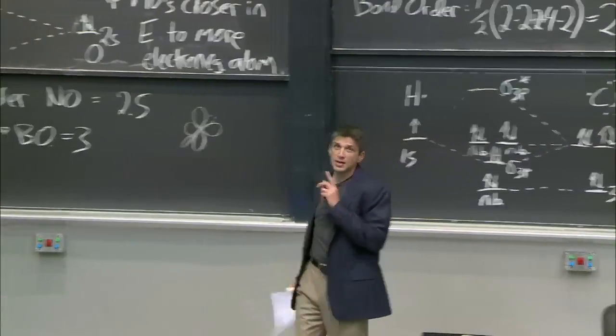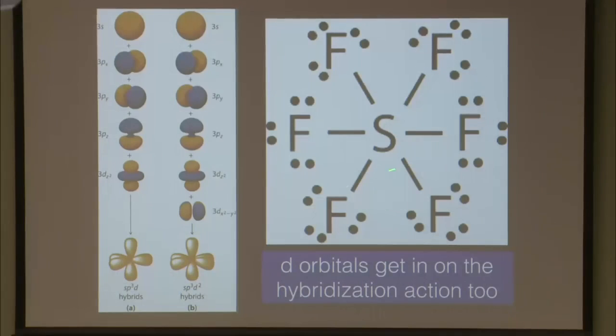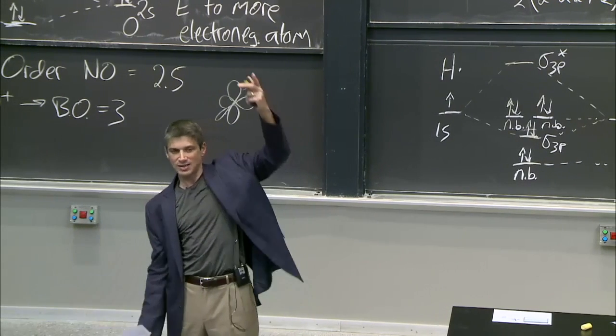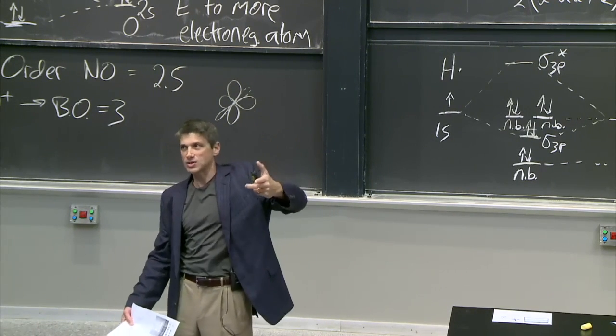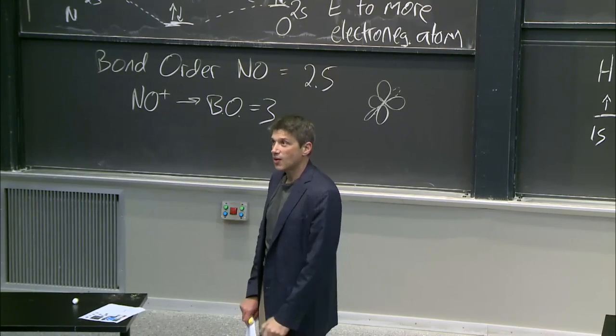And all sorts of other things. The d orbitals can get in on the action. So here's SF6, which we talked about. We drew this Lewis structure. Took a long time to draw those lone pairs. But now you know that because those are equivalent bonds, the only way this can work is if I form hybrid orbitals. But they didn't have to be equivalent bonds until we learned about VSEPR, and it said, I want to maximize my separation to minimize repulsions, and if they're equivalent bonds, the energy of the system will be lower.